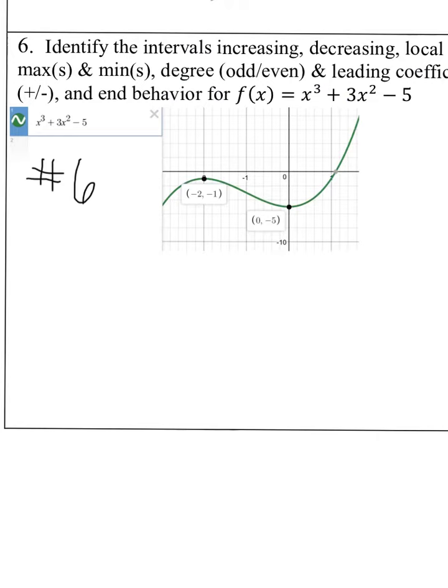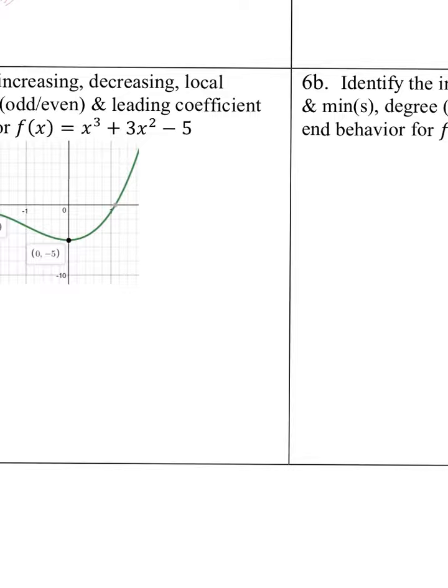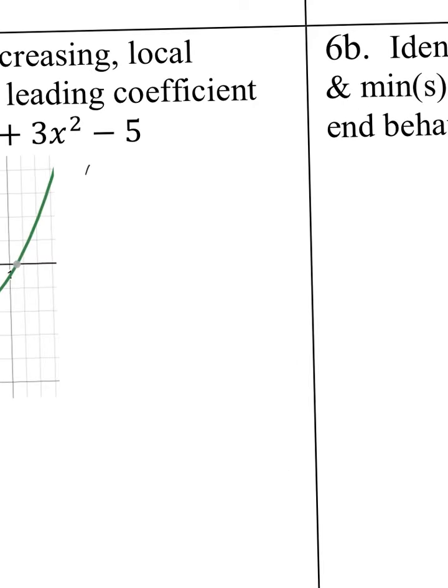So number 6, you have to type this into the graphing calculator, and then to get your local mins and maxes, you'll have to remember it's basically menu 6, and then it's either going to be 2 or 3 depending on what you're looking for.